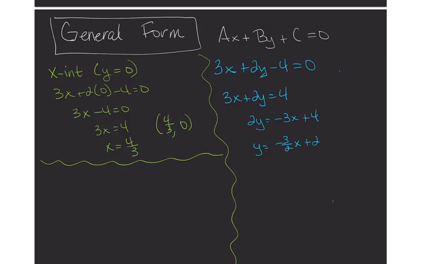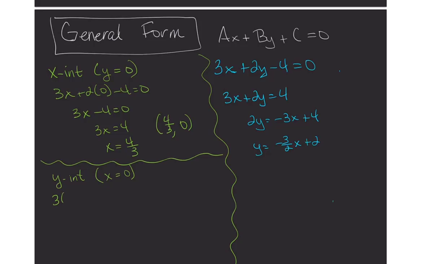And then after I figure out my x-intercept, I can figure out my y-intercept. The y-intercept is where I'm crossing the y-axis. And if I'm crossing the y-axis, I know that my x value is always going to equal 0. So I'm going to take my equation and put 0 in for x.